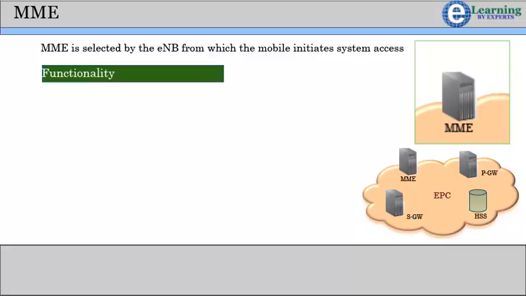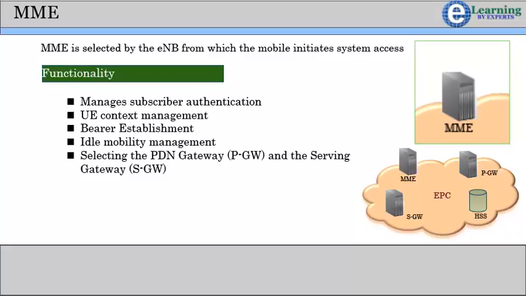From a functionality perspective, the Mobility Management Entity manages user equipment, UE, within the LTE EPC. As such, the MME manages subscriber authentication, maintains a context for authenticated user equipments, establishes data bearer paths in the network for user traffic, and keeps track of the location of idle mobiles which have not detached from the network.